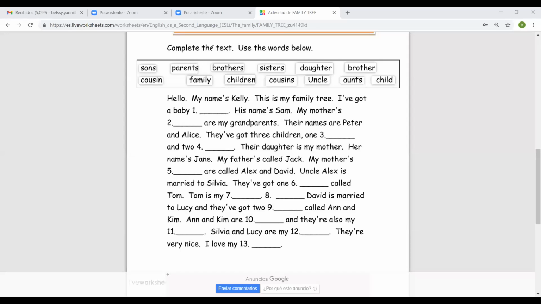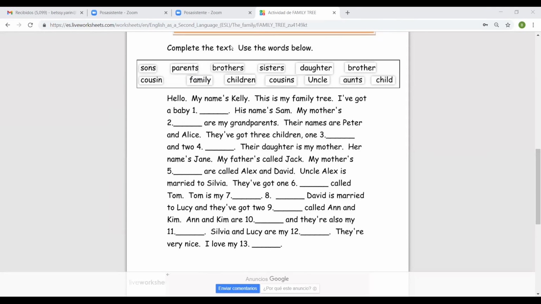Okay, now it's your turn to complete. In this activity, you're going to complete each space with the words that you have here in the box. You have sons, parents, brothers, sisters, daughter, brother again but in singular, cousin, family, children, cousins again, uncle, aunts, and child.